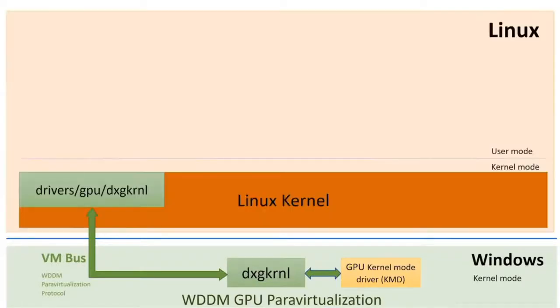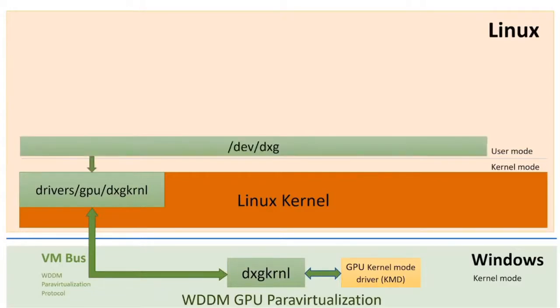In the case of Linux, we wrote a kernel driver inside of Linux that talks over that VM bus to expose the GPU to Linux user space. And we expose the GPU through this new /dev/dxg device. We had to expose it this way because we could not expose it just as, for example, a DRM device. The DRM model expects a real GPU that they control.